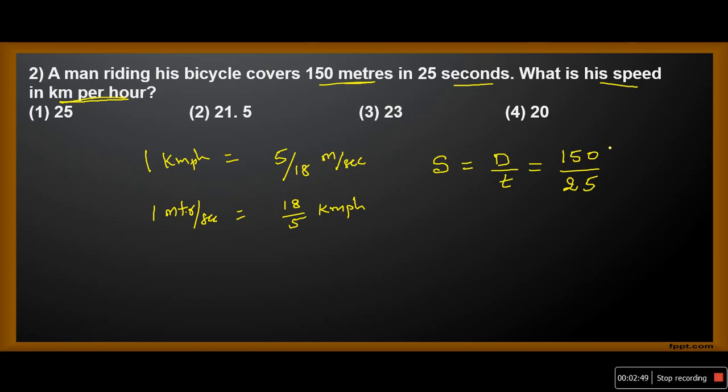For that reason you have to multiply it with 18 by 5. 25 ones, 25 sixes, 18 sixes, how much? 108 by 5, which is equivalent to 21.6. This is actually 21.6. Okay, the answer is option 2.